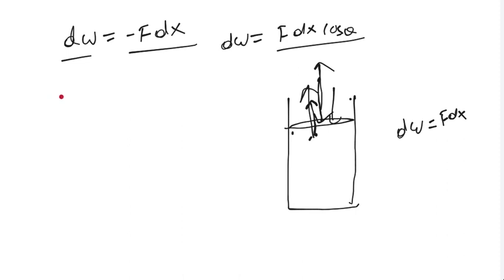So if we take dw, we will multiply by A and divide by A: F A dx by A. A is area.